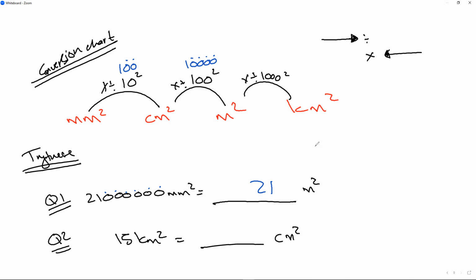All right. So what have I actually done? To go from there to there, I have gone right. So I divide by 10 squared, and I also divide by 100 squared.